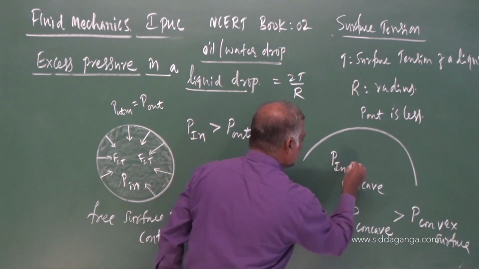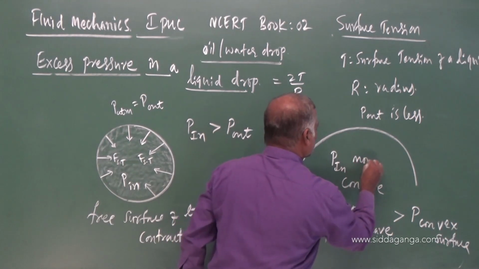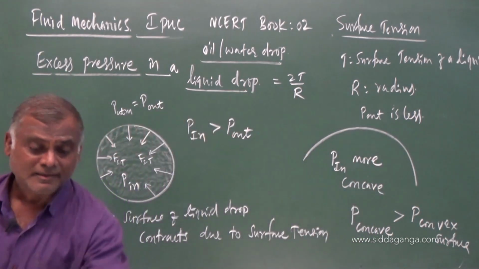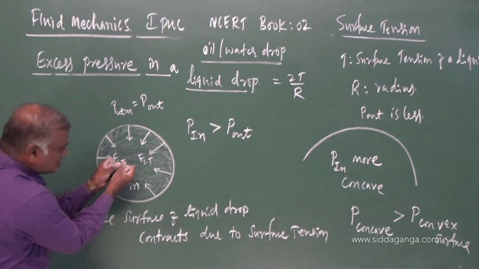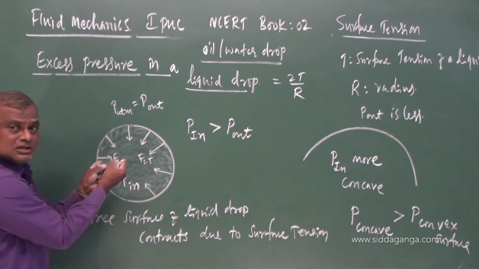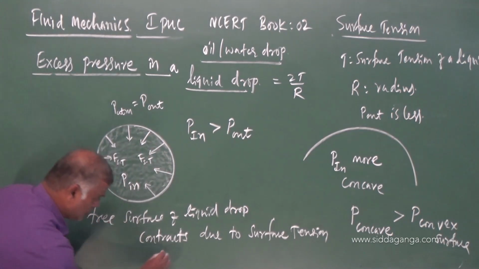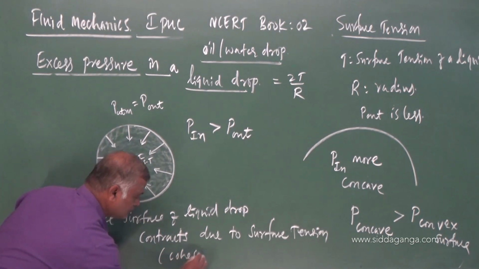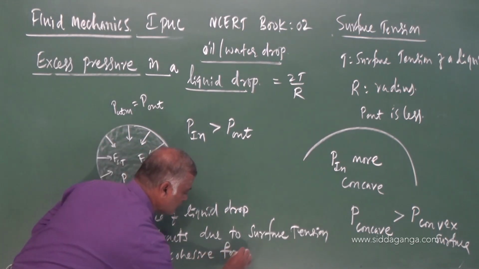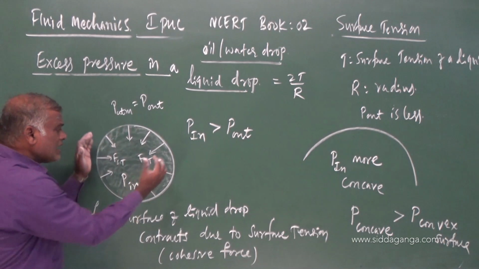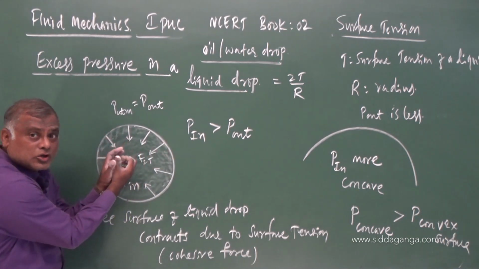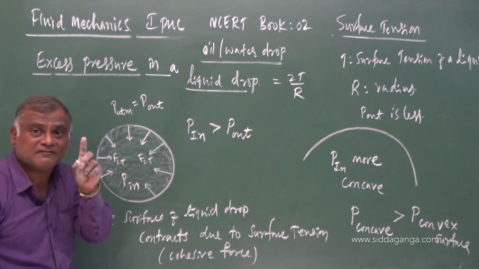Pressure inside is more. Why? Because of this tangential force acting on the molecules and due to cohesive force between the molecules, they compress the liquid and try to occupy minimum area. That is because of surface tension.